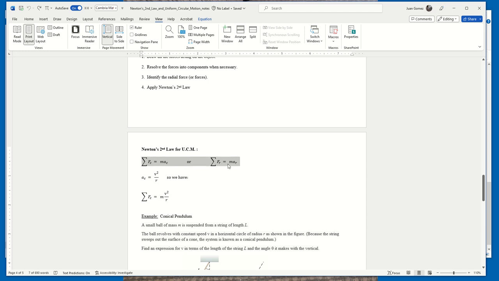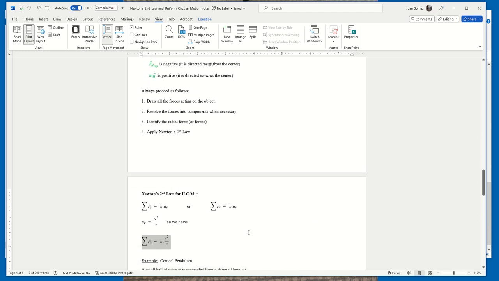So the sum of the radial forces equals m times a_c. Well, what is a_c? v squared over r. So the sum of the radial or centripetal forces equals mv squared over r. Remember, F_C and F_R mean the same thing, so don't let that throw you. Centripetal, radial, in terms of physics, they mean exactly the same thing.